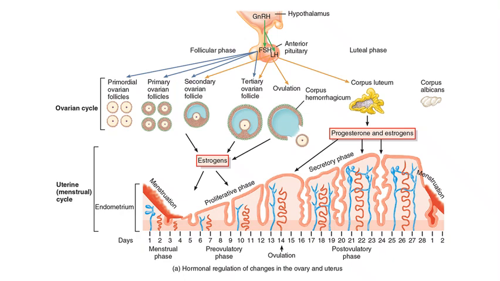During this time, under the influence of FSH, several primordial ovarian follicles develop into primary ovarian follicles and then into secondary ovarian follicles. This whole developmental process takes possibly several months to occur, and allows an ovarian follicle that begins to develop at the beginning of a particular menstrual cycle to reach maturity in several cycles.